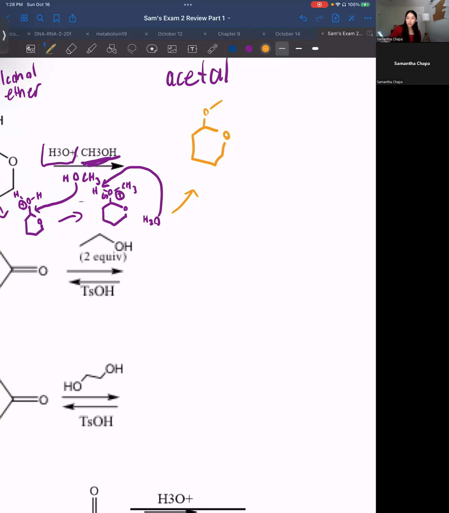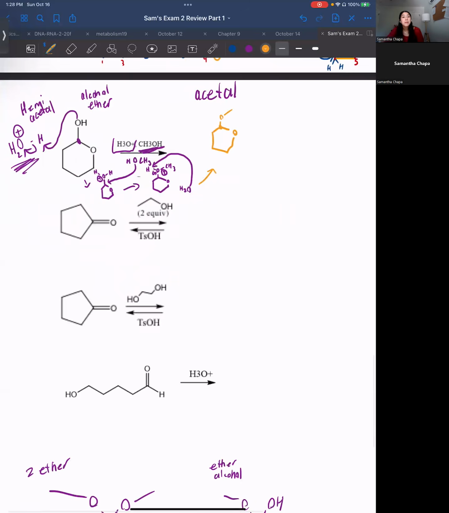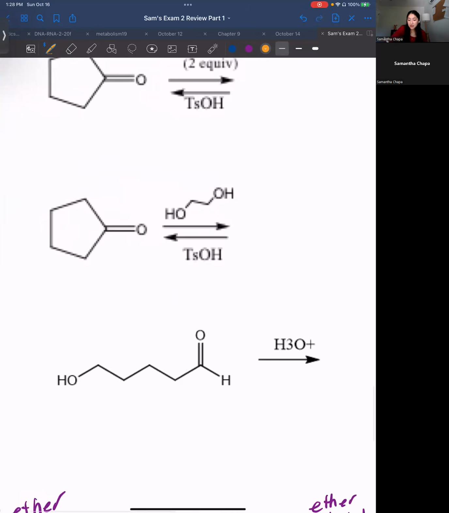So now we look at this carbon, we have two ether groups attached to it, and we made a full-on acetal. So keep in mind what you're going from to what you're going from: hemiacetal to acetal with only one equivalent of an alcohol. And I'm going to look at this one here, and we have two equivalents of alcohol.